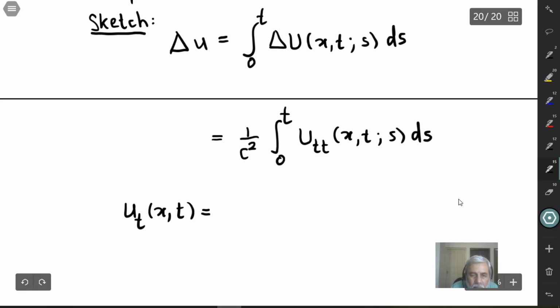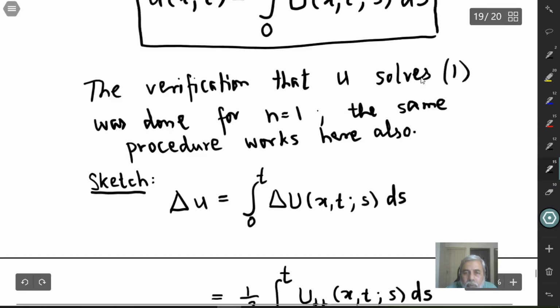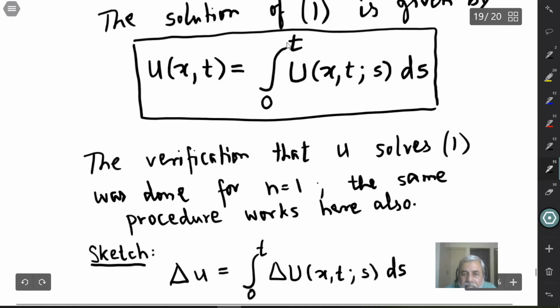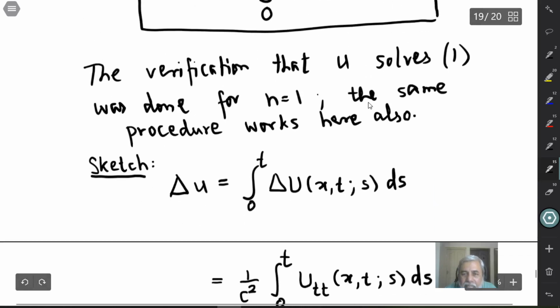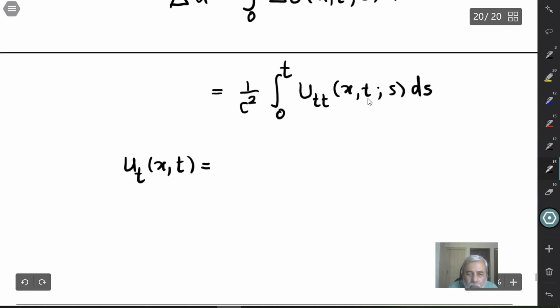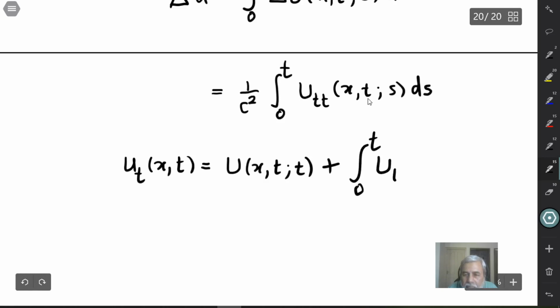First you differentiate the t in the integral limit, and that produces U of x, t; t, plus you have the other one, U sub t of x, t; s, ds.